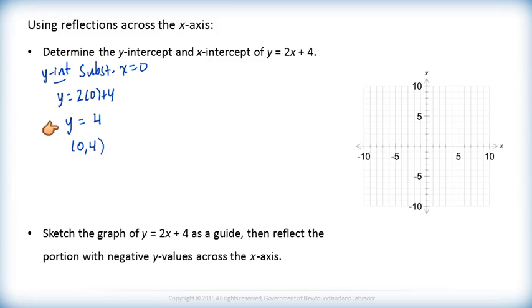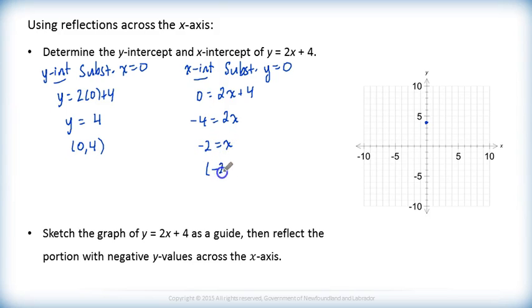So that gives us y equals 4, so we have a y-intercept of 0, 4. For the x-intercept, we substitute y equals 0. So we've got 0 equals 2x plus 4. Negative 4 equals 2x. Divide by 2, we get negative 2 equals x. So we have an x-intercept at negative 2, 0, which I'll plot right here.